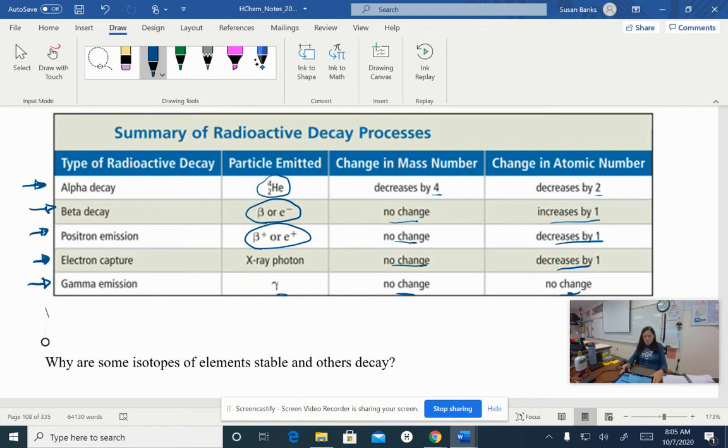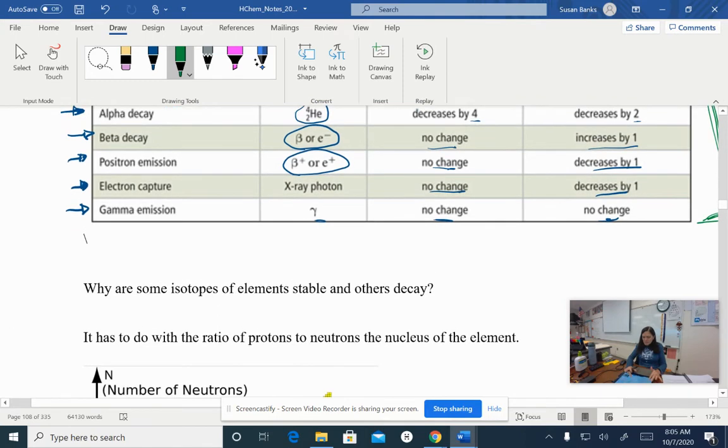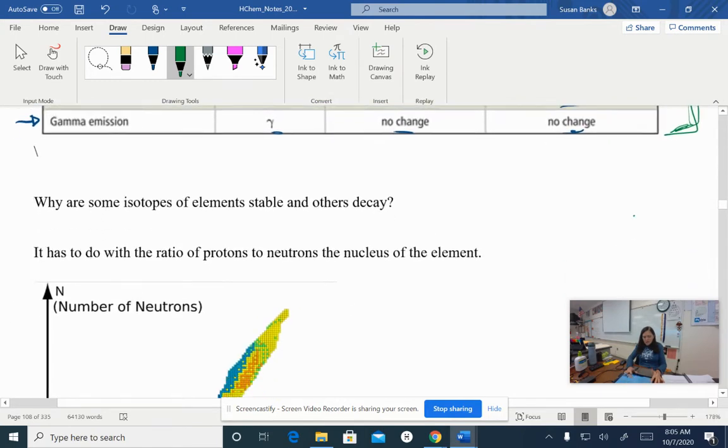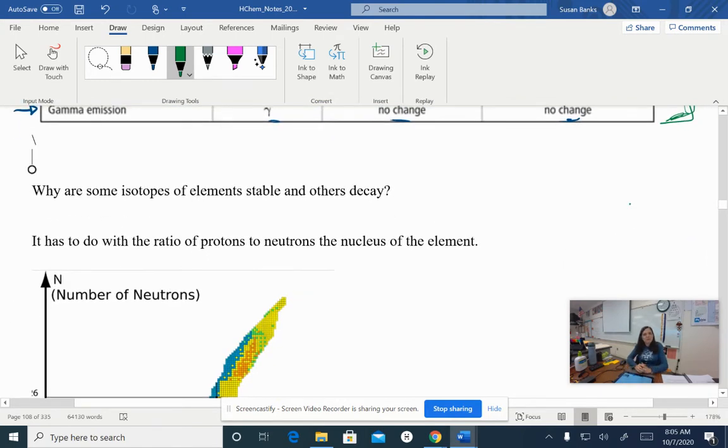Okay? My next question is, we've seen that elements can decay by lots of different means: alpha, beta, positron, electron capture, gamma emission. My next question is, why are some isotopes stable and others decay? So we know that, for example, we have isotopes of carbon.